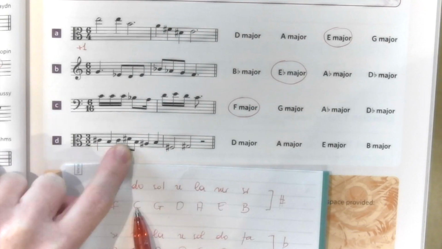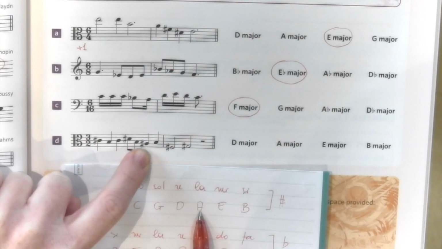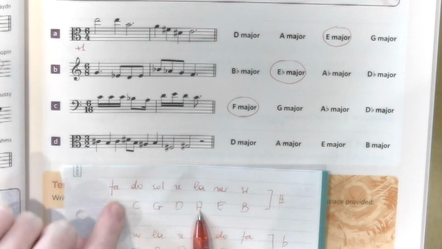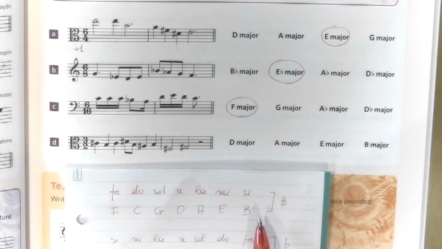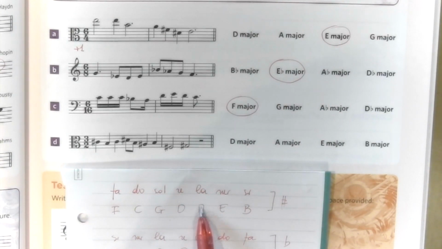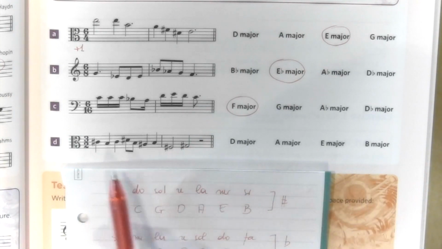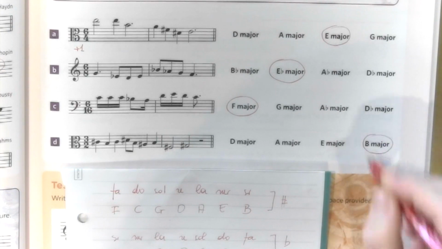Do sharp, Re sharp, La sharp, Fa sharp, Sol sharp. Okay, La is the last one. From La sharp, we go up a semitone, and that's B major. So this tune is in B major.